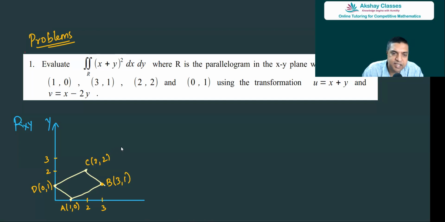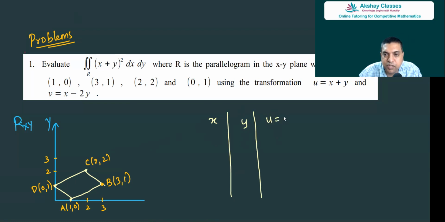Now this gets transformed. How it gets transformed? We have to use a transformation function. So u, let us see. So we have to see the xy transformation. u is equal to x plus y, and v is equal to x minus 2y.